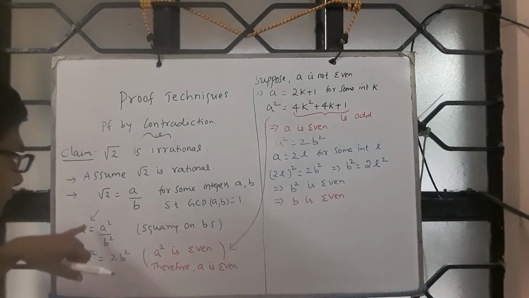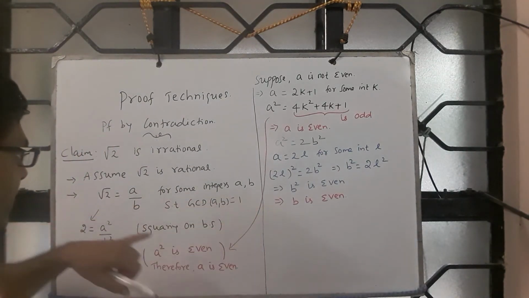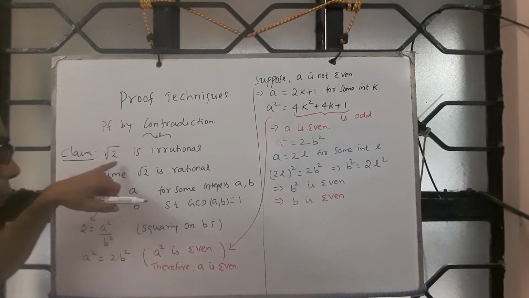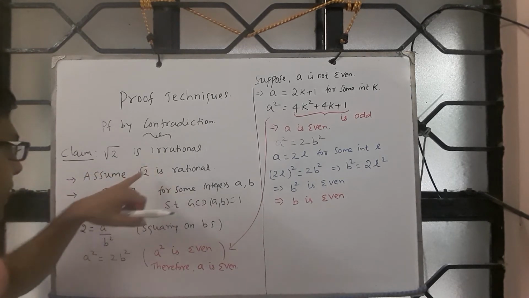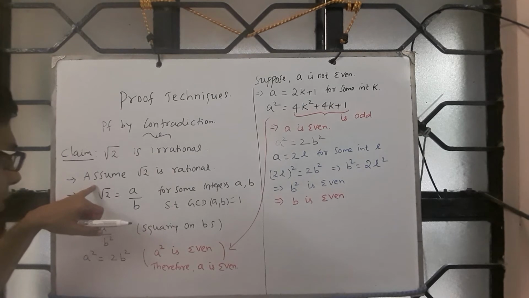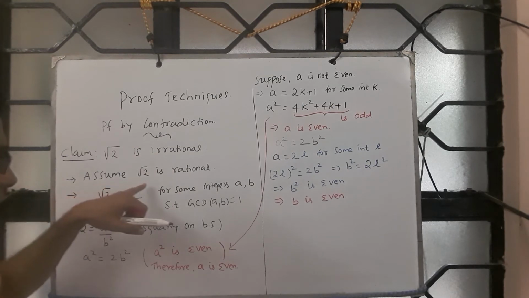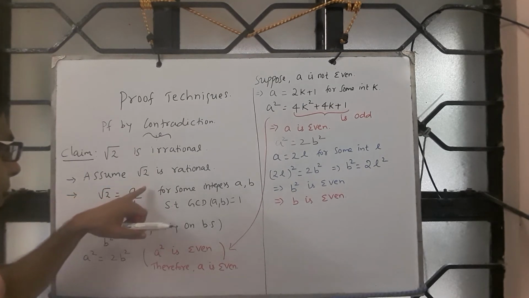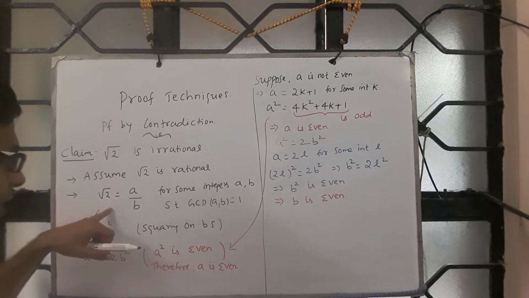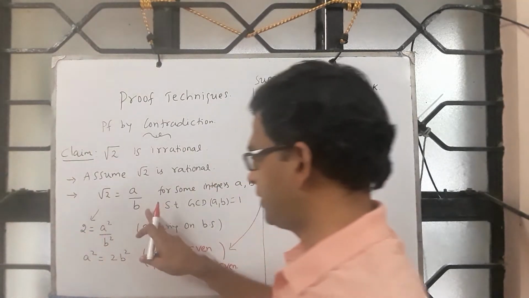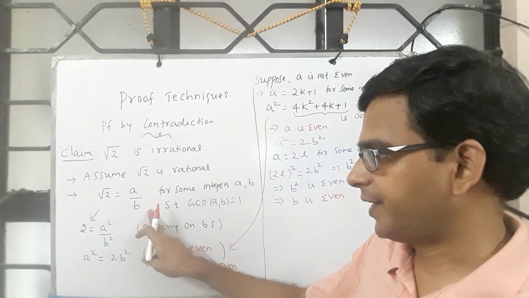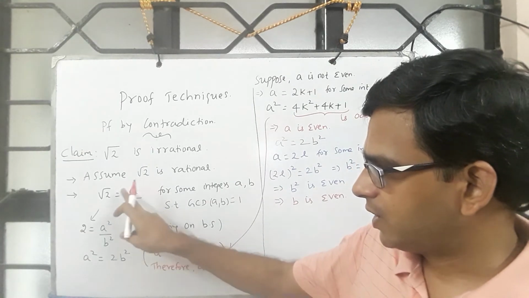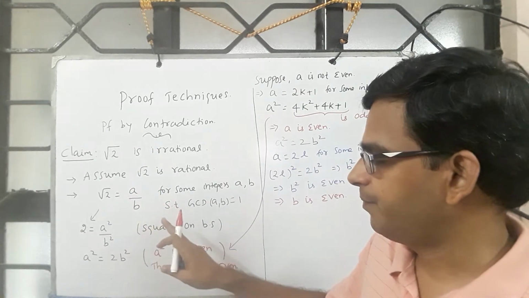So I repeat this until this part. We wanted to show root 2 is irrational. We are running a proof by contradiction. So we first assume root 2 is rational. Then bring in the definition. It is of the form a by b for some integers a and b. We are not taking some arbitrary expression a by b.